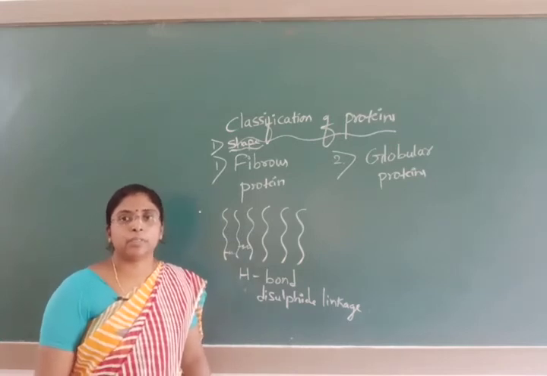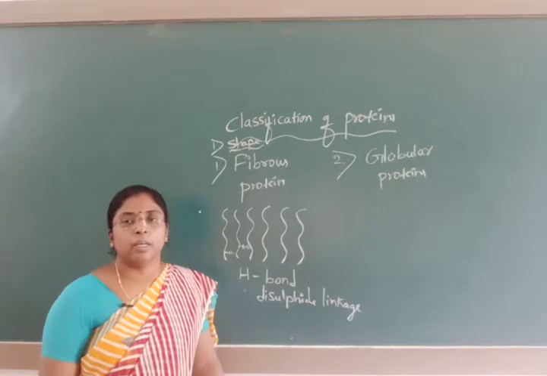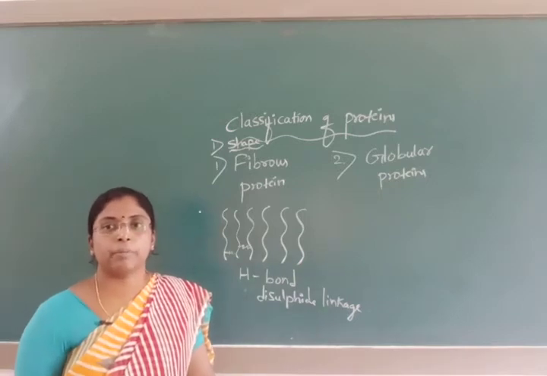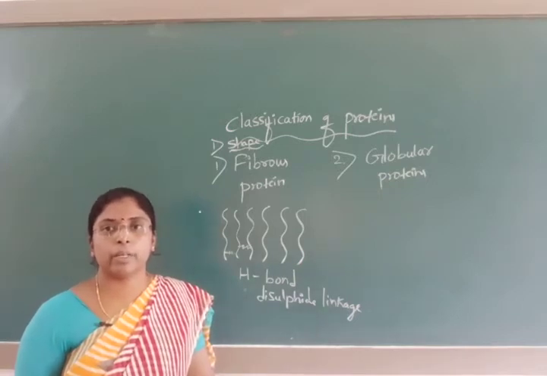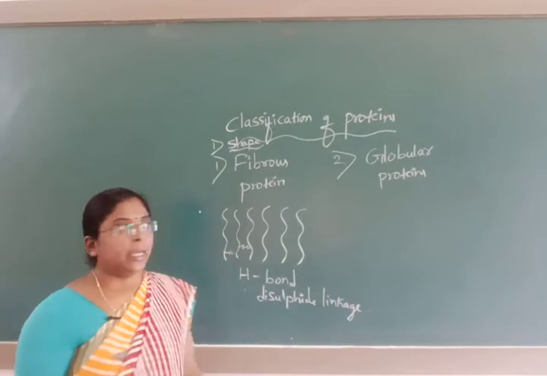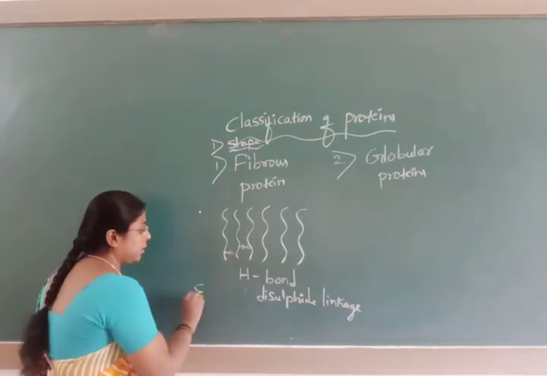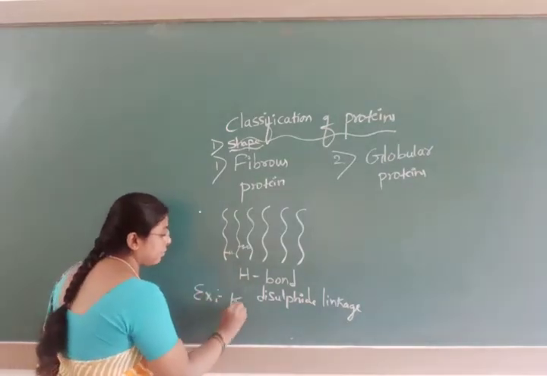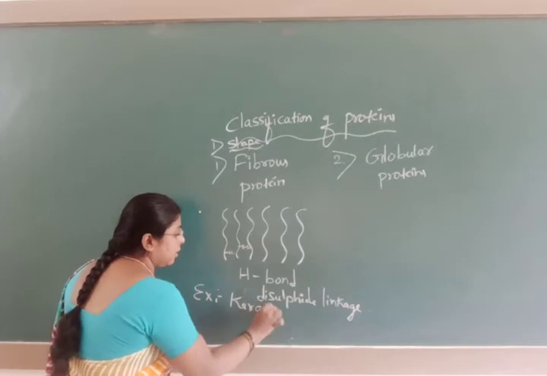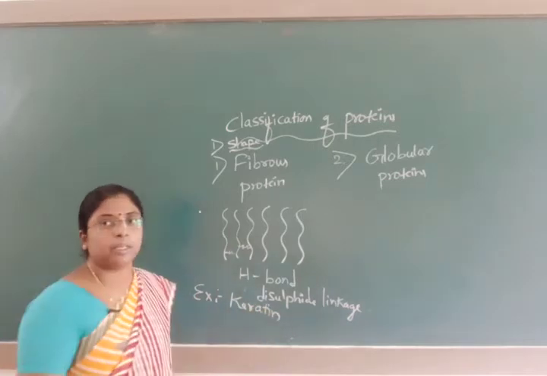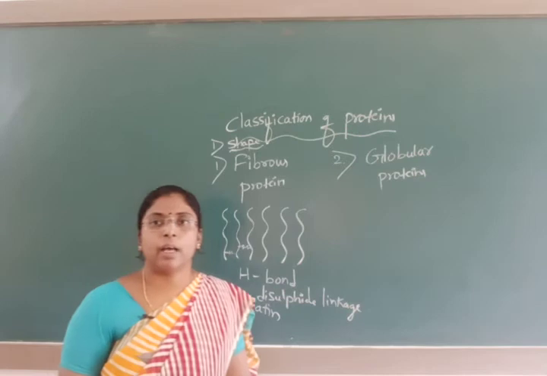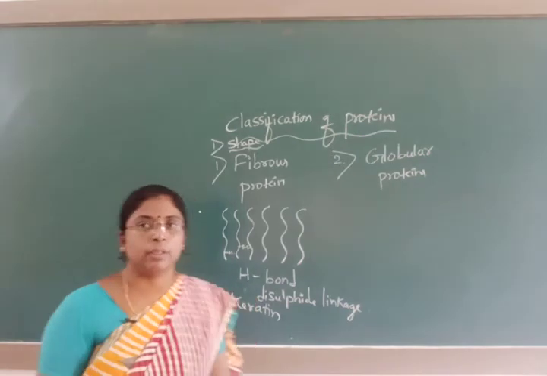These fibrous proteins are insoluble in water but soluble in organic solvents. An example of fibrous protein is keratin. Keratin is present in hair, skin as well as wool.